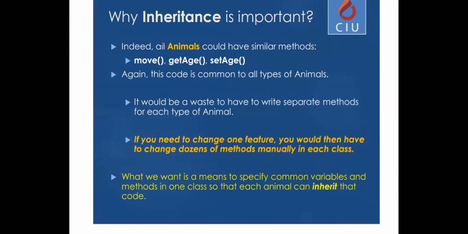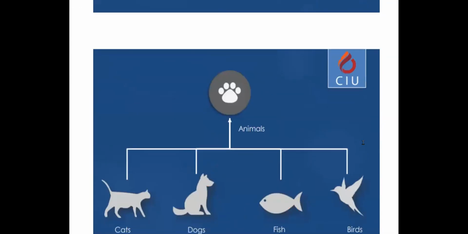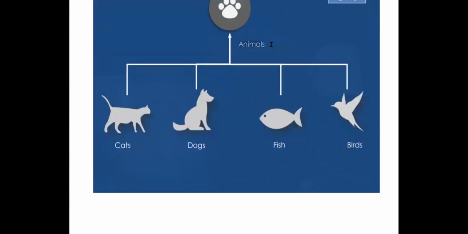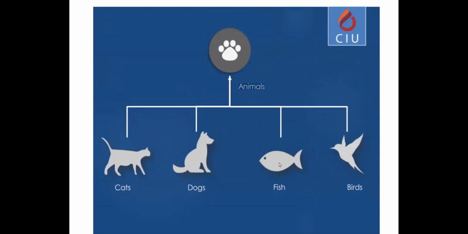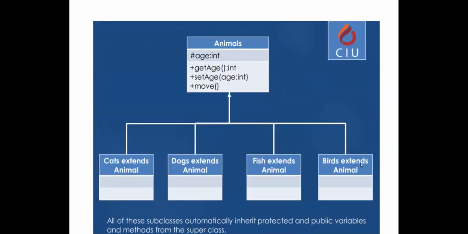So each one of them has an age, and each one of them has a move. Those common properties are defined in the animal class, which means it is their parent class. And then with each child, you make the classes more specialized. Okay, you can see it in here that the age is defined in the animal. There are certain methods that define them, which all of them have. And with each class, it basically extends.